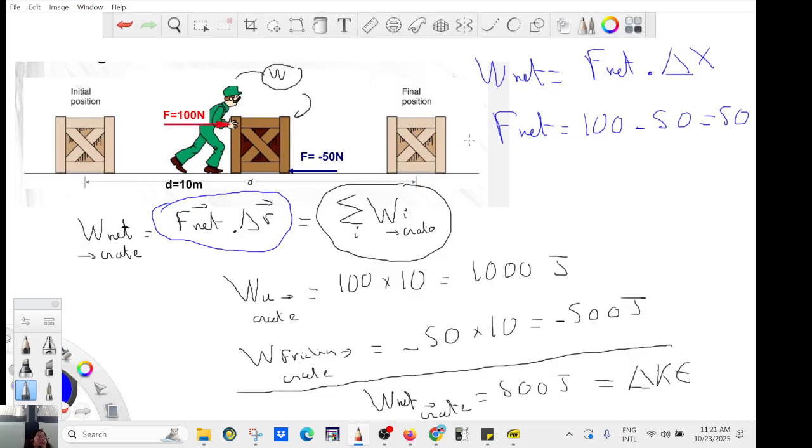So the net work will be 50 times 10, and it's going to give you the same thing. Okay, so you have two ways to do it: either the sum of the individual work, or the net force times the displacement.